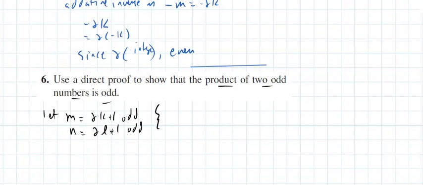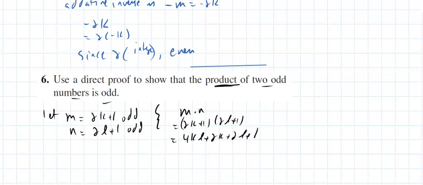So if I take the product, that would be 2k plus 1 times 2l plus 1. That would be 4kl plus 2k plus 2l plus 1. That would be 2 times the quantity 2kl plus k plus l, plus 1.